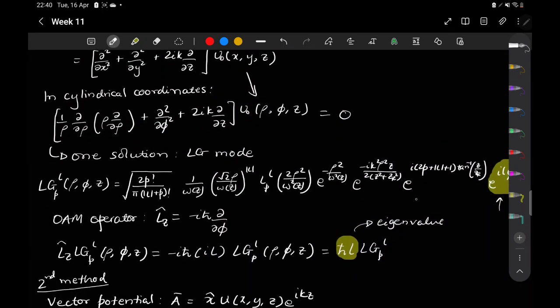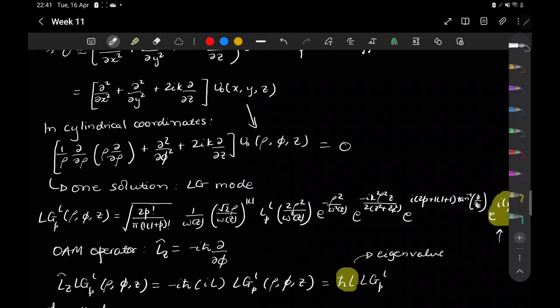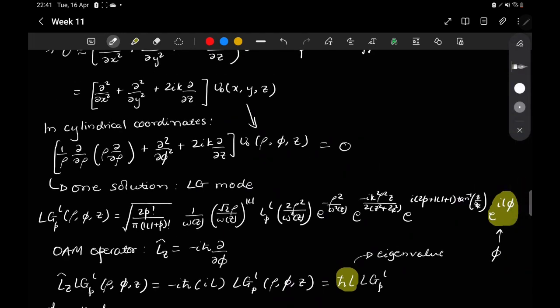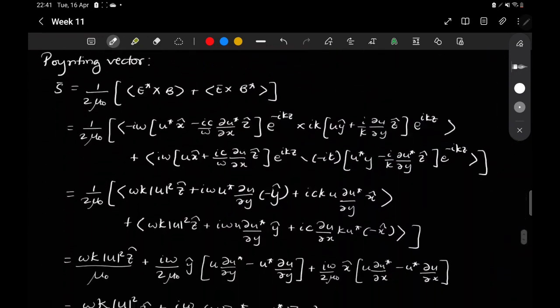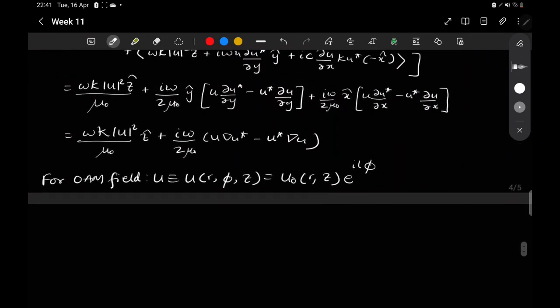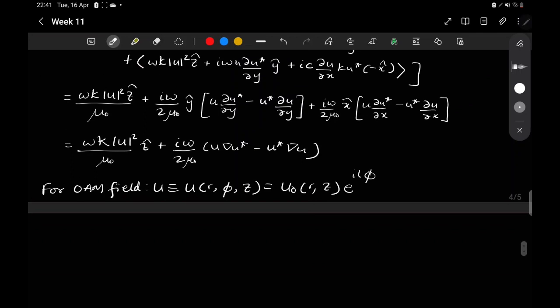just that this entire thing I am writing as u naught r z, because this does not have any phi dependence. The only phi dependence is coming from this highlighted term. So this is for the OAM field.